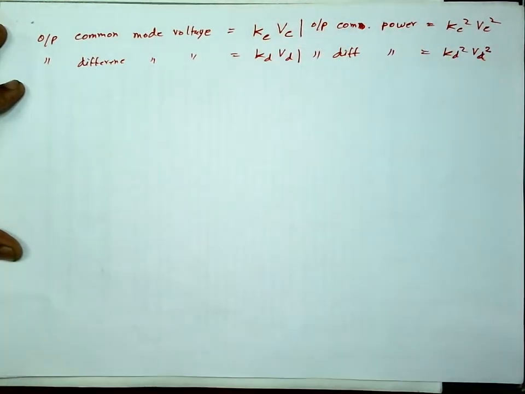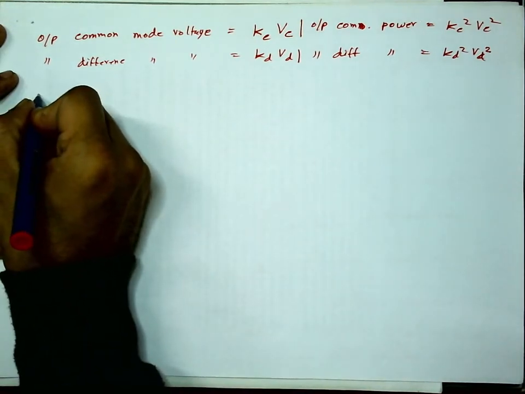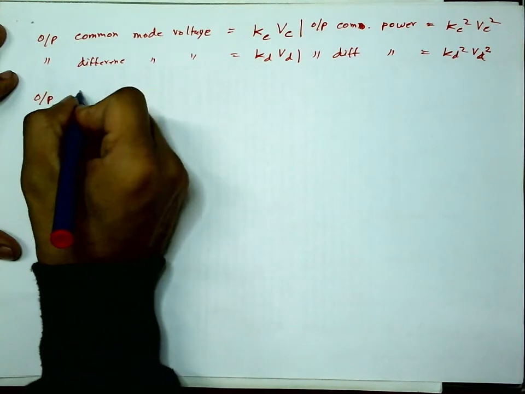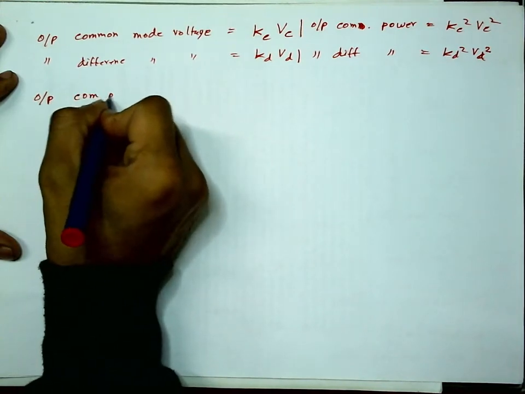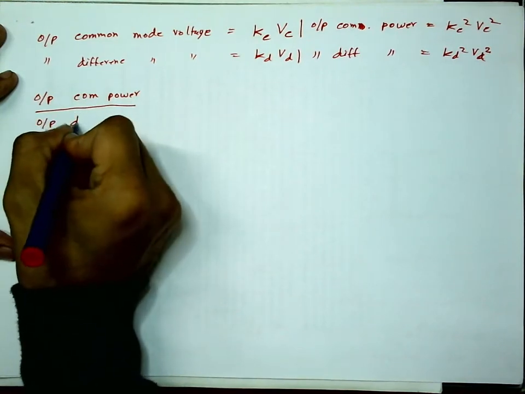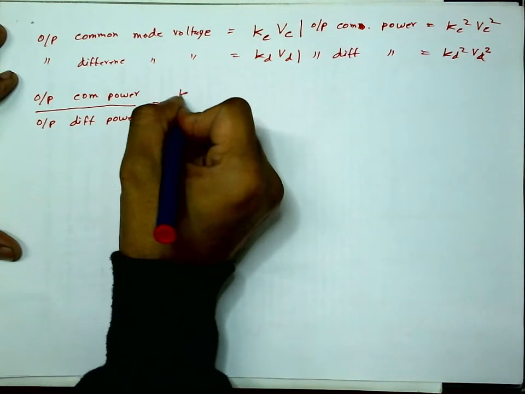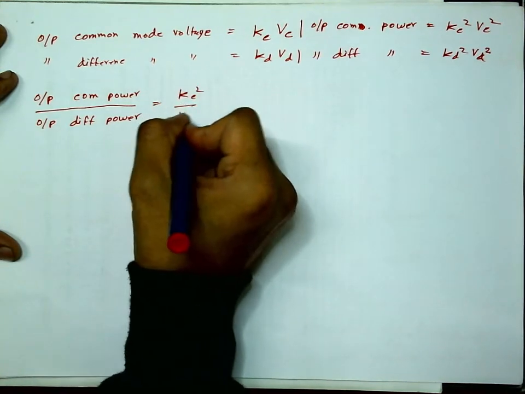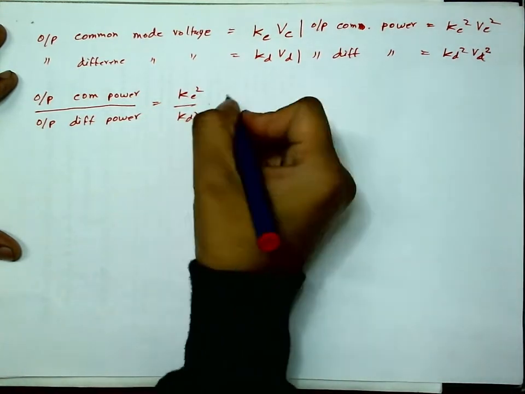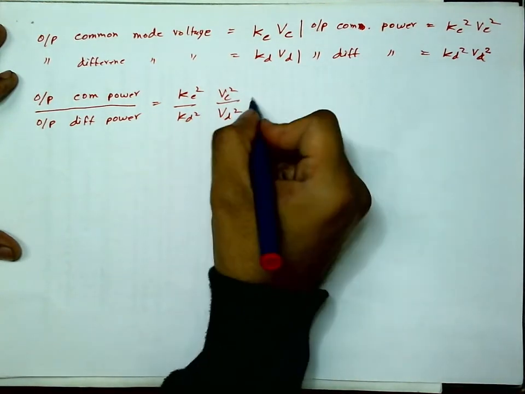Okay, so therefore output common mode power by output difference power will be Kc square by Kd square multiplied by Vc square by Vd square. Now this is equal to what?